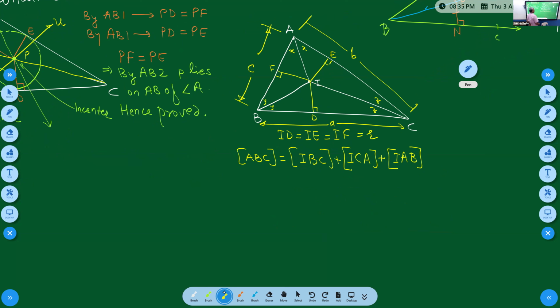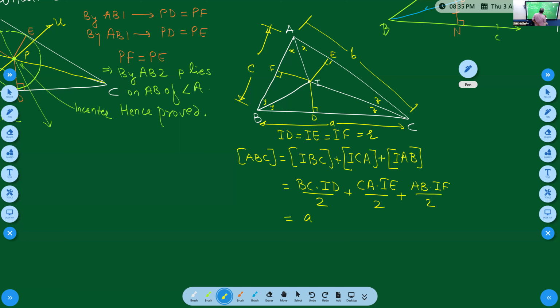Correct. And is it easy to find the area of triangle IBC? Of course, yes. It is BC into ID upon 2. Area of triangle ICA? Yes, easy. CA into IE upon 2 plus AB into IF upon 2. Okay, let us use small letters.